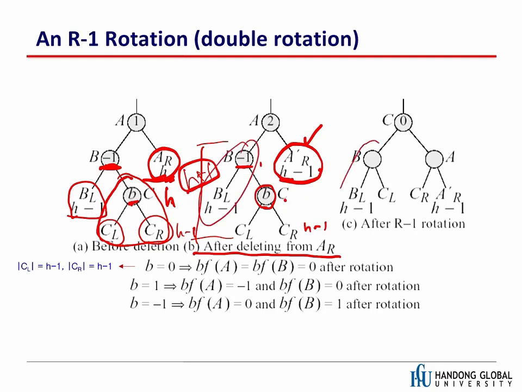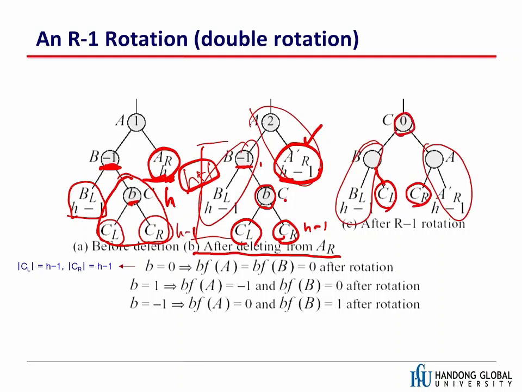And this one is here. And this subtree is still here. And the CL will be the right subtree of B. And CR will be the left subtree of A. And C is here.